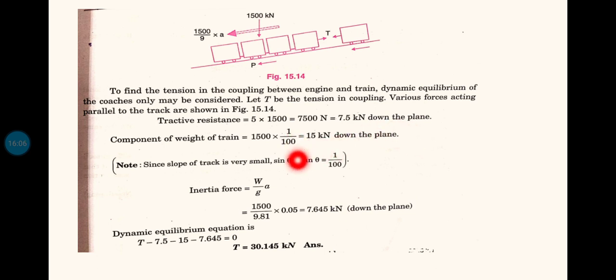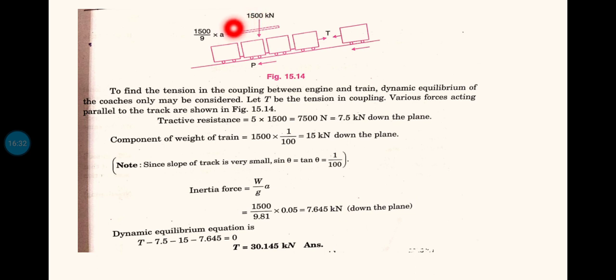Why am I multiplying by 1 by 100? If the theta value is very small, tan theta is usually equal to sin theta. The weight component along the motion direction: the 1500 kilonewton is vertical and making an angle theta. If you are solving perpendicular to this surface, then it is the cos theta component.